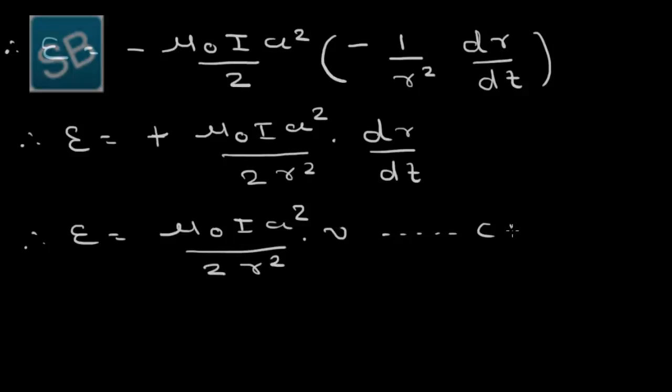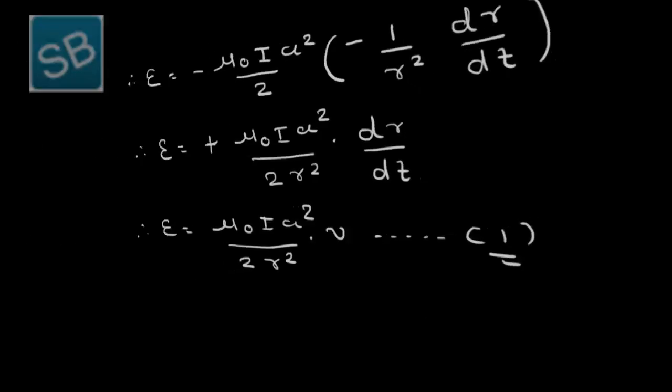So this is the final equation of induced EMF. Now see, if any MCQ is given to you in which the current is given, the radius of the ring is given, and the distance between the ring and the conducting wire is given, you can easily find out the induced EMF.